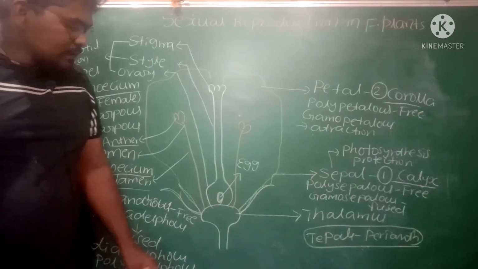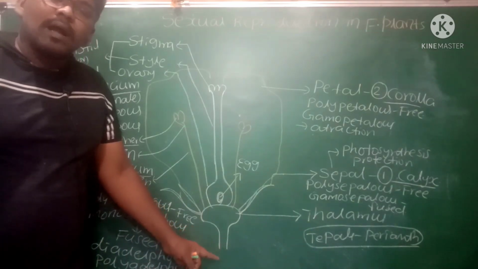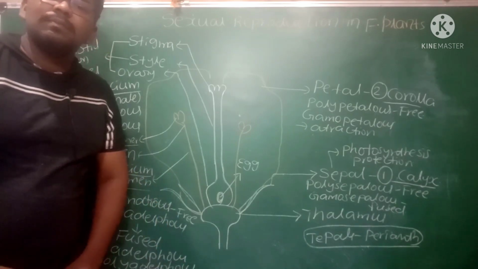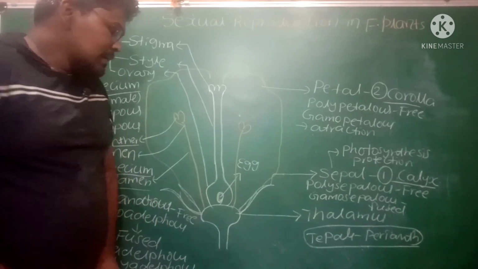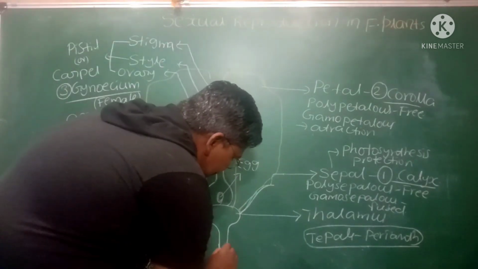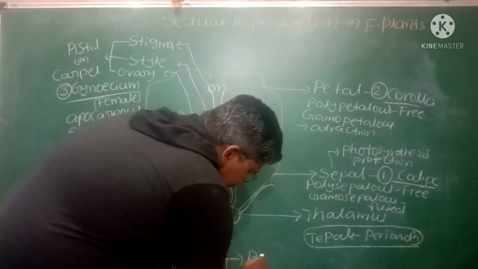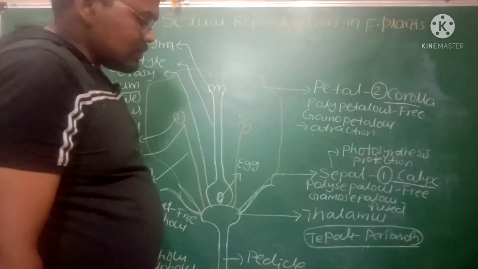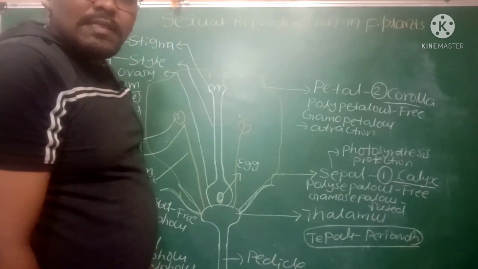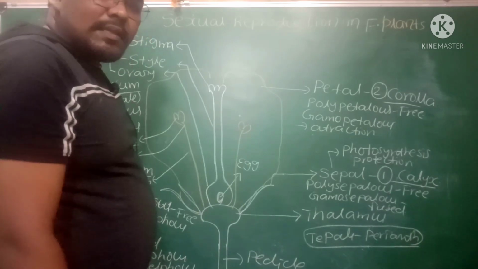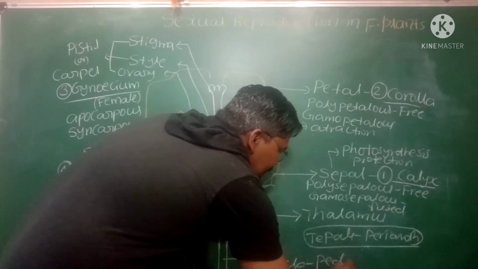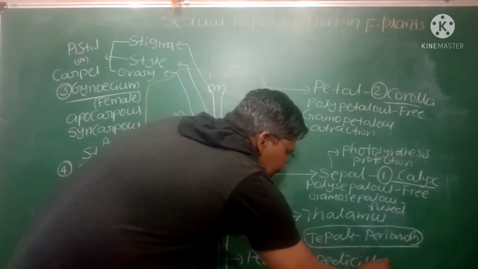Here the flower is attached on the branch of the plant by the pedicel. This is the pedicel. When a pedicel is present in the flower, then that type of flowers are called pedicellate.